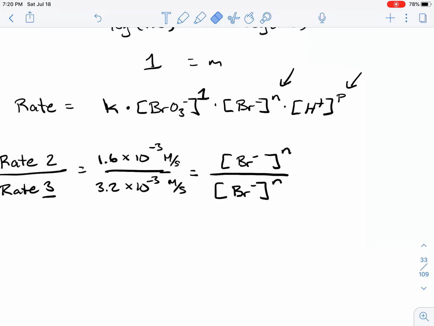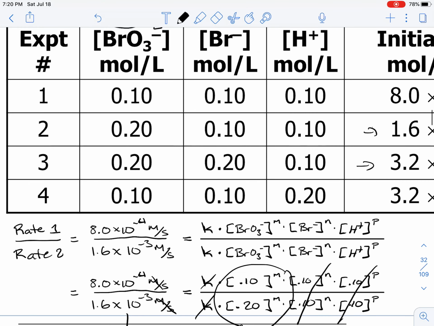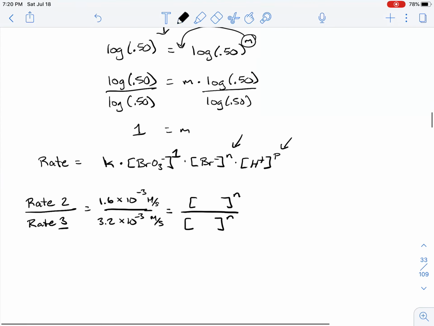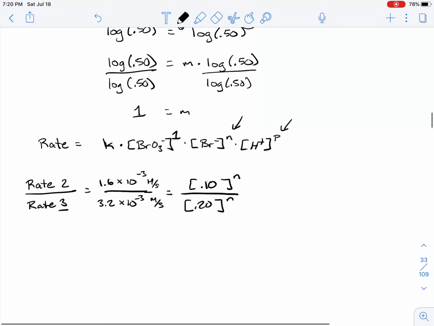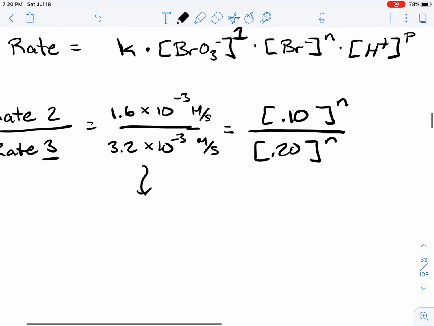And so the concentration of bromide for experiment 2, I believe, is 0.10 molar. Right? So here I have 0.10 molar and 0.20 molar. And so if I were to plug this into my calculator, I'm going to get 0.50. And once again, the units will cancel.